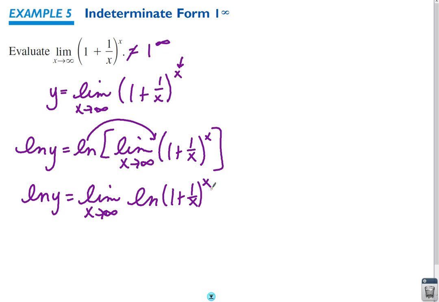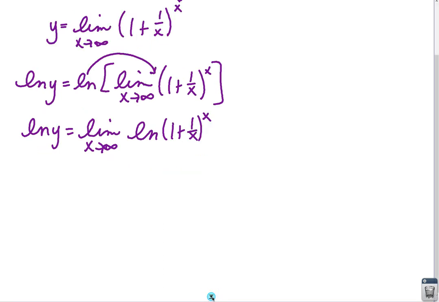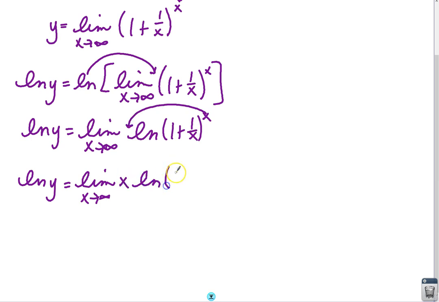Now this is a little bit better, okay, because the natural log of y is equal to the limit as x approaches infinity. Now that I have the natural log of 1 plus 1 over x to the x, I can use my log properties to bring this out front. So I've got x times the natural log of 1 plus 1 over x. Okay, so we got rid of the exponent.